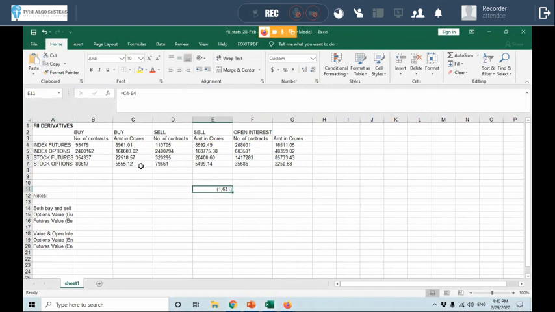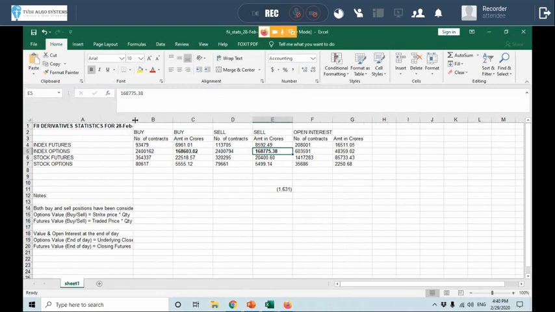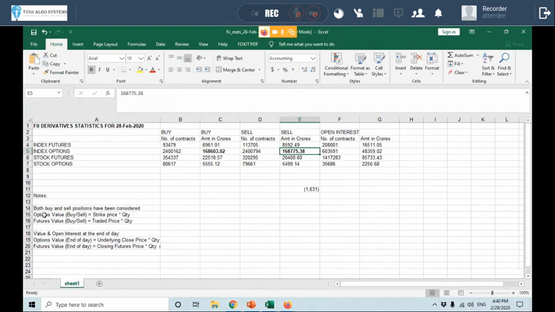Now for index options, we can't use this amount, because it includes the strike price, which is wrong. The options value includes the strike price in the quantity. I don't know why they are taking the strike price here.